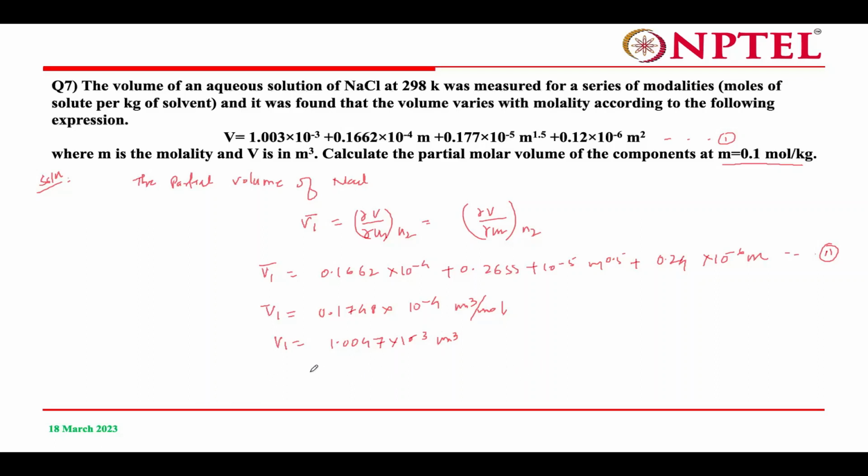But from the summability relation, V is equal to n1 V1 bar plus n2 V2 bar, right? So here we consider n1 is equal to m. Now n2, it is mentioned in molarities, so 1000 divided by 18, the molecular weight of the water, V2, right?